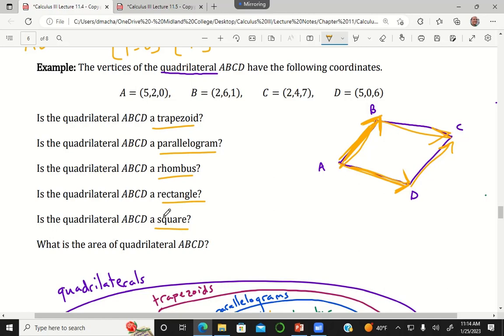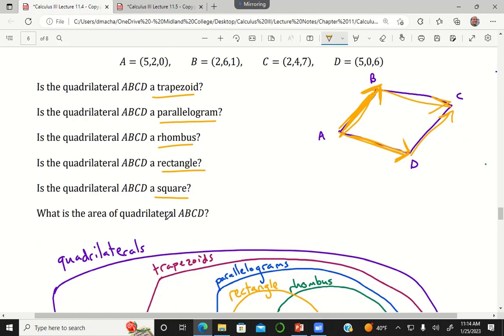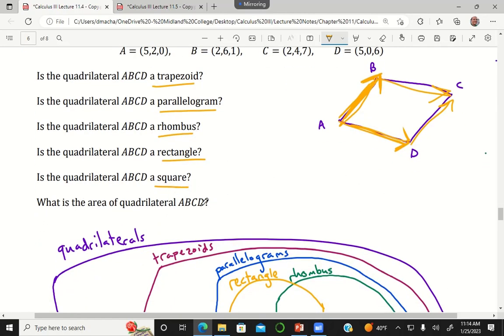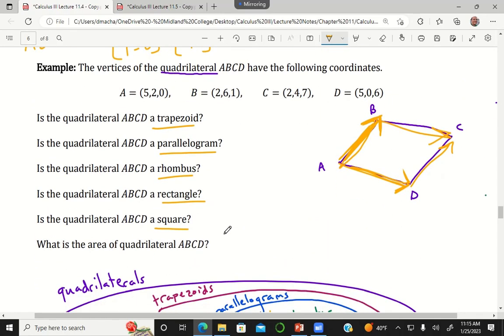And the last thing is if it's a square, then it's both a rhombus and a rectangle. And then how would you take the area? Well, this question is set up so that this is a parallelogram, because we can take the area of a parallelogram by taking the norm of the cross product. That gives you the area of a parallelogram.